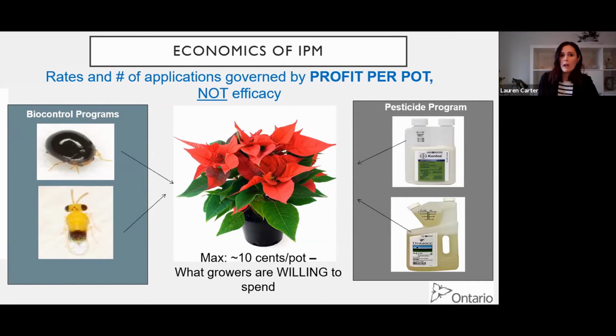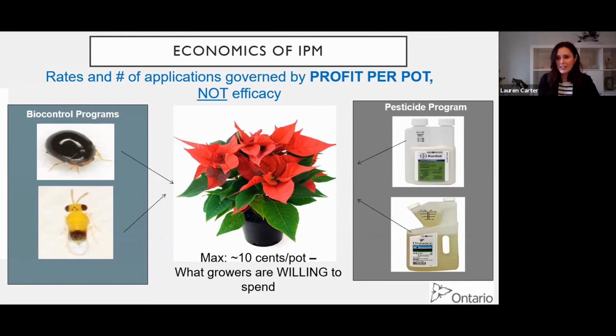So you could apply all the bios in the world or do all the pesticide applications in the world, but if it doesn't get you under that 10 cents per pot, then it's not going to work out for the growers. So we've got a low threshold for pests, effectively zero, and our rates and applications and things we choose out of the toolbox are basically dictated by profit or cost per pot.